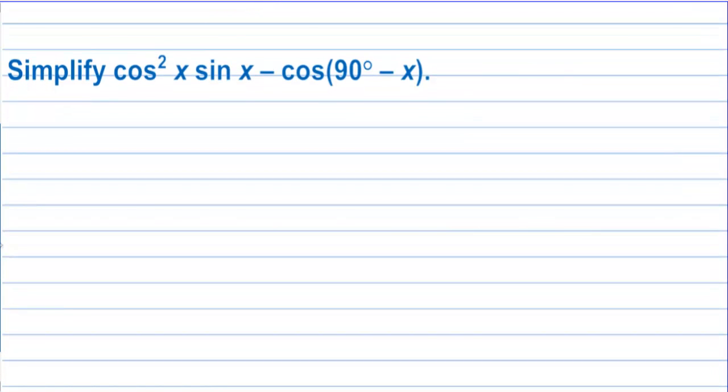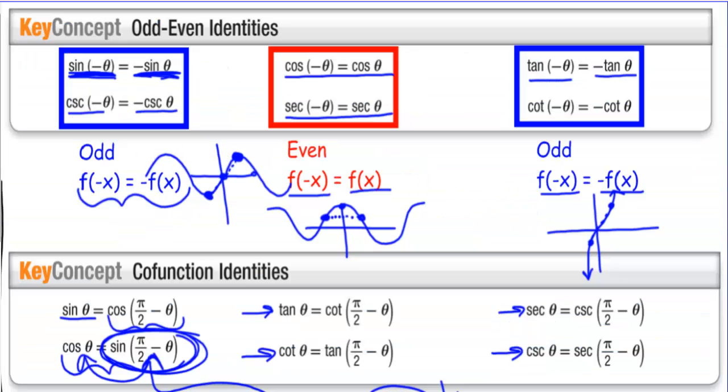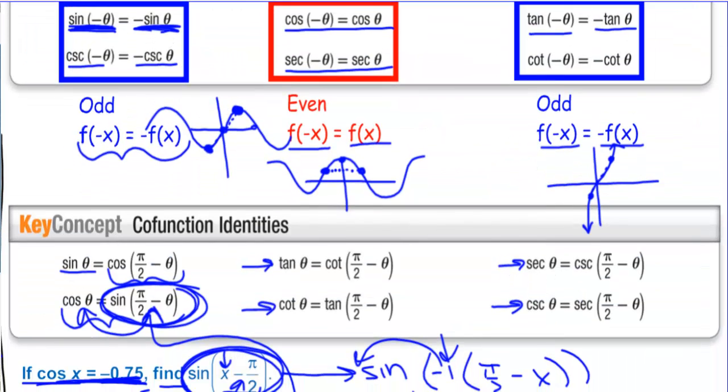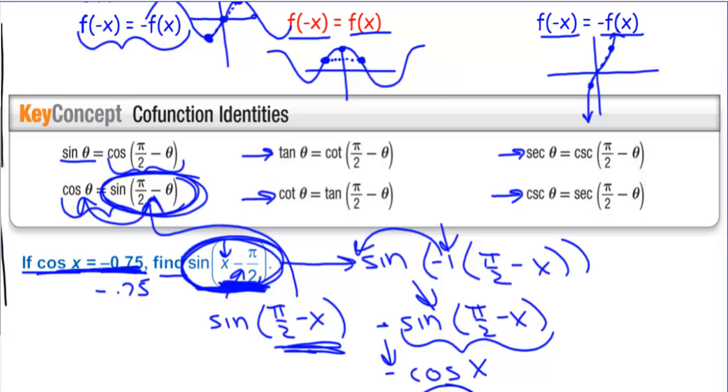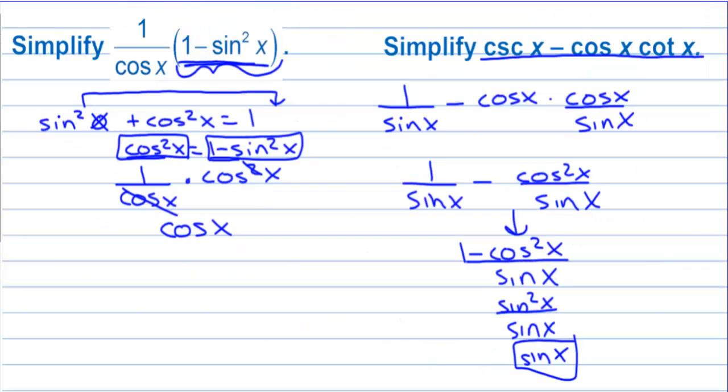Simplify cosine squared x times sine x minus cosine of 90 degrees minus x. We have cosine squared of x times the sine of x minus, if we go back a few slides, the cofunction identities, which say, I think we had sine of 90 minus theta is the same as cosine of theta.